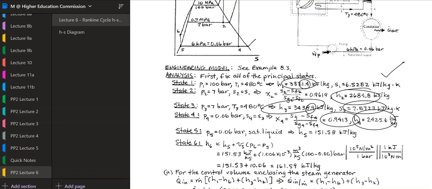So using the HS diagram, you can solve this example and the problem very quickly. Now it's up to you in an exam which method you use. But I normally find the HS diagram mostly easy and quick. If you are looking for accuracy, the steam tables are more accurate.